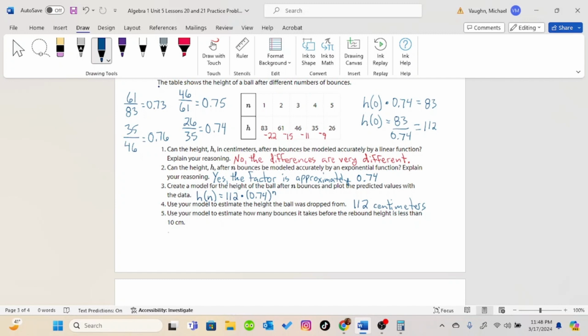And let's say 112 times 0.74 to the 7th power.